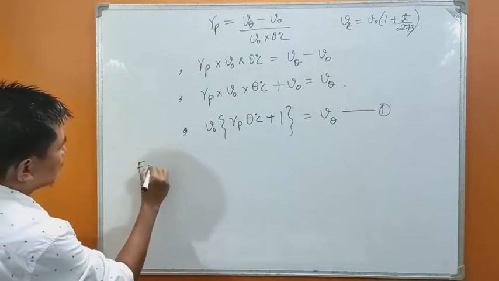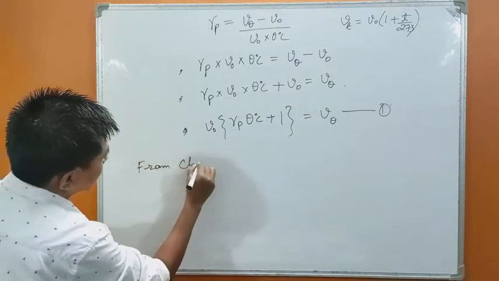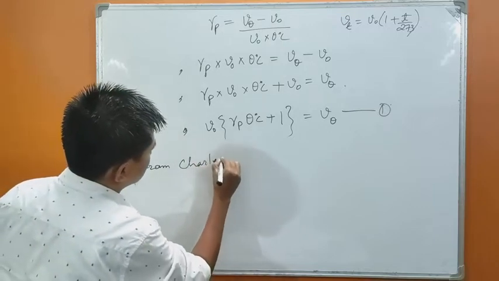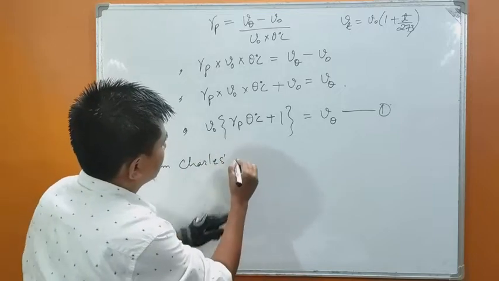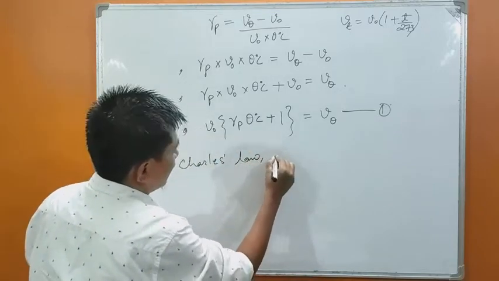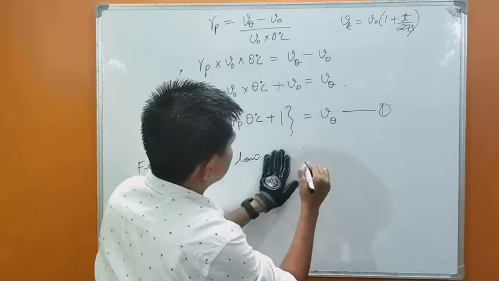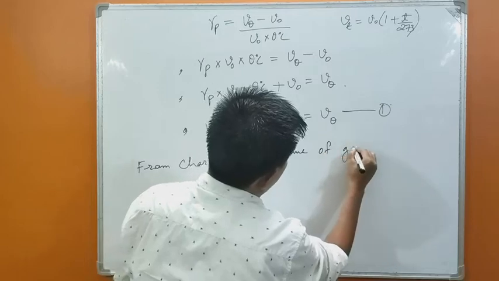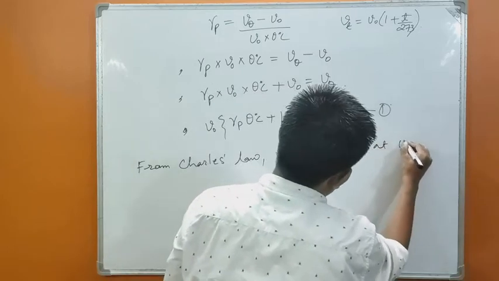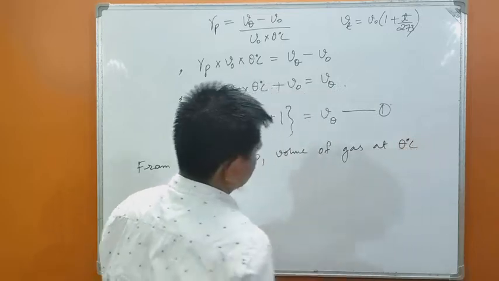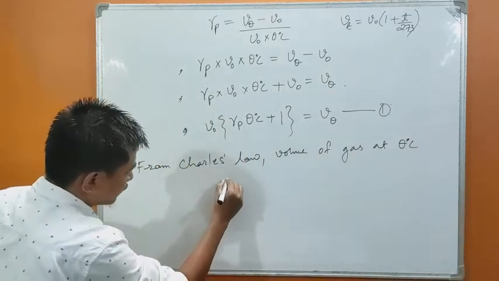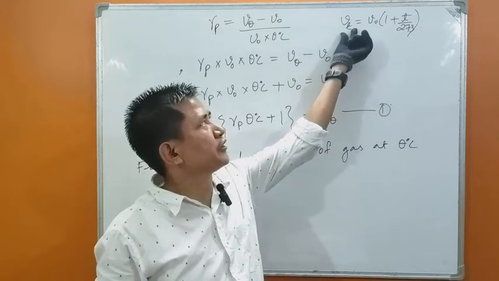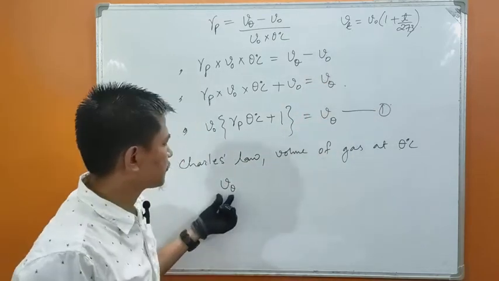Now from Charles' law, the volume of gas at theta degree Celsius is V theta. If the volume of gas at T degree Celsius is Vt, then the volume of gas at theta degree Celsius is V theta, isn't it?